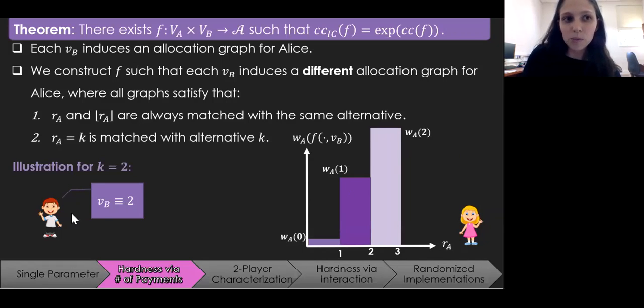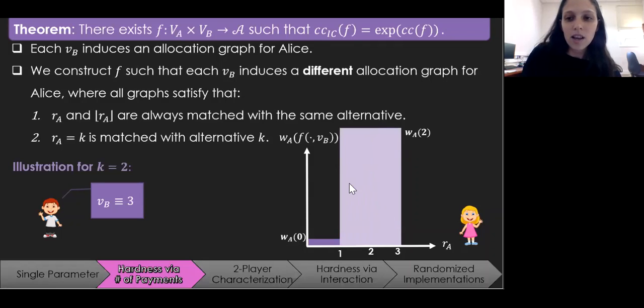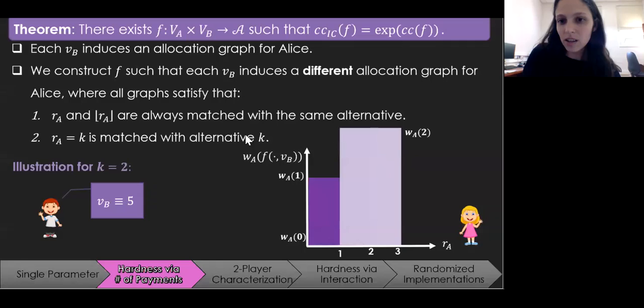Similarly, if Bob's bit is 2, then when she bids between 1 and 2, she gets alternative 1. Note that each value of Bob induces a different allocation graph, and that all those graphs satisfy that every scalar is allocated to the same alternative as its nearest integer from below, and also that bidding 2 always guarantees getting 2.